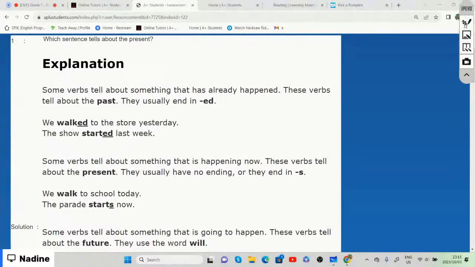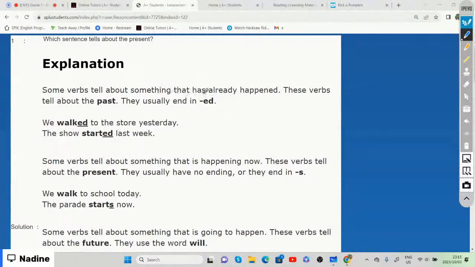So anything that happened already, we say that these verbs tell us about the past, meaning it happened already. And if something happened already, then our verb needs to end in ed. So the verb will end in ed.